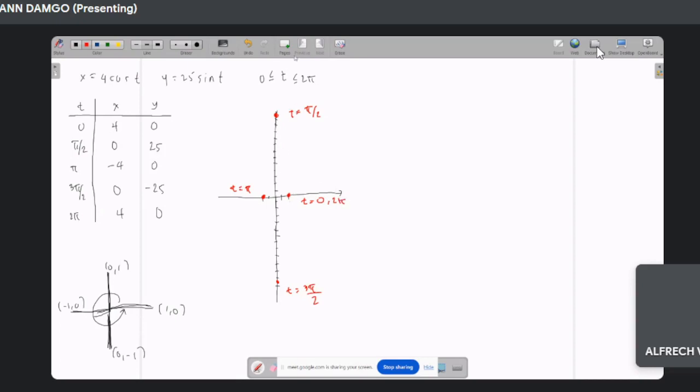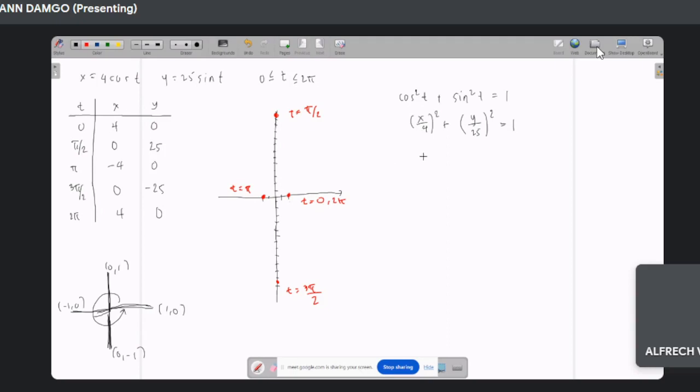So here, the question is, unsa gid iyang graph, no? So let's find first the Cartesian equation. So we have cosine squared t plus sine squared t is equal to 1. Okay, so substitute. So our cosine t here is x over 4, squared, plus our sine t, so we have y over 25, squared, is equal to 1.